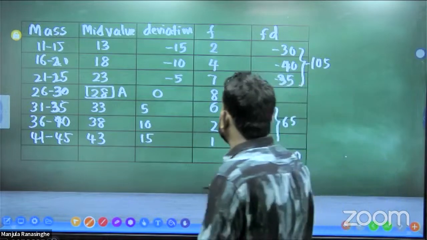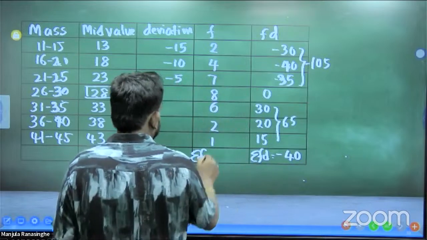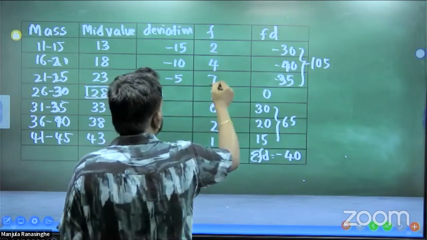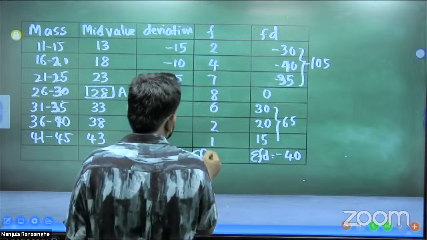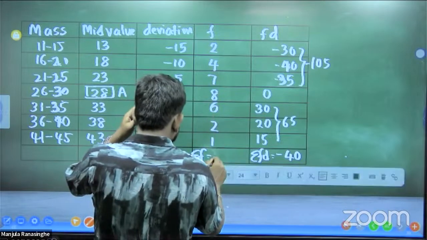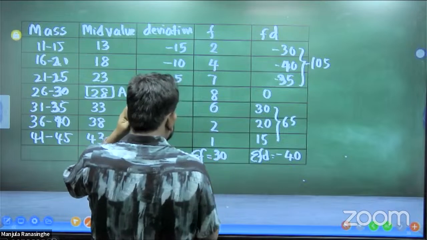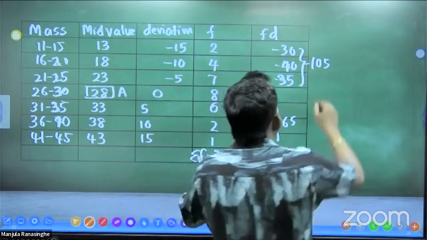Then check the sigma f, the sum of the f column: 30, right? 30.